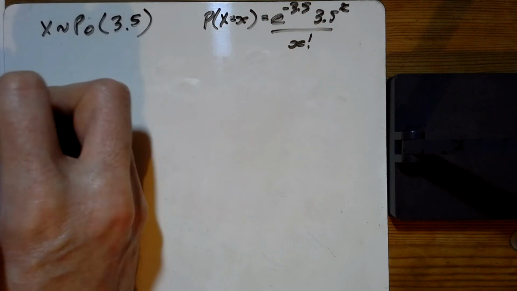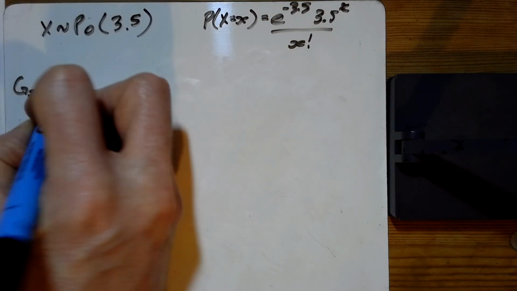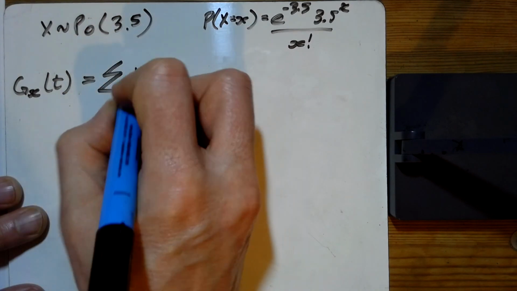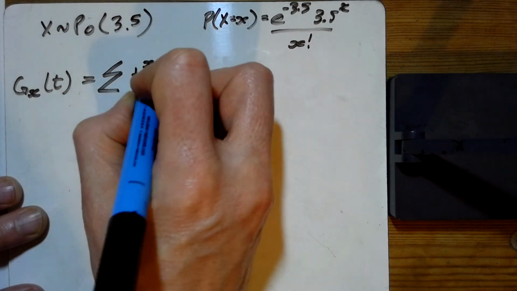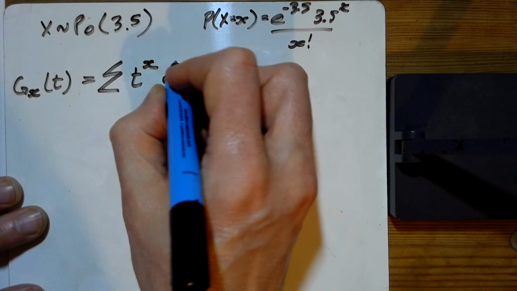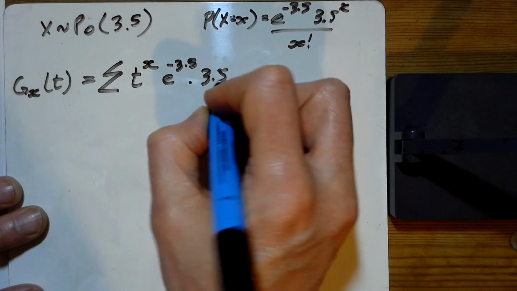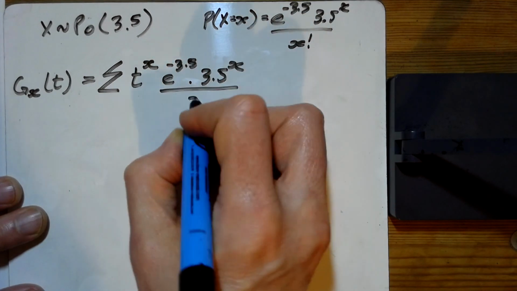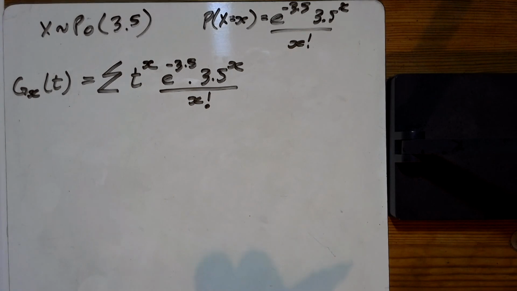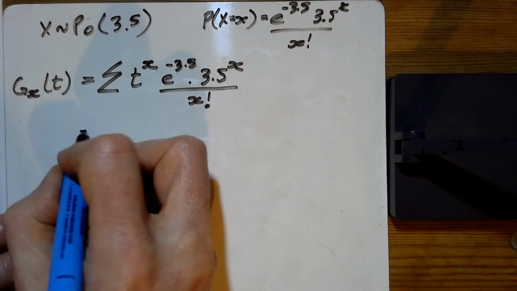Now, to find out what the generating function is going to be, it's the sum of t to the power of x times the probability of x, which is e to the minus 3.5 times 3.5 to the x over x factorial. And if you're watching this, you're going to redo it in question 10 in general, rather than 3.5, do a lambda there.